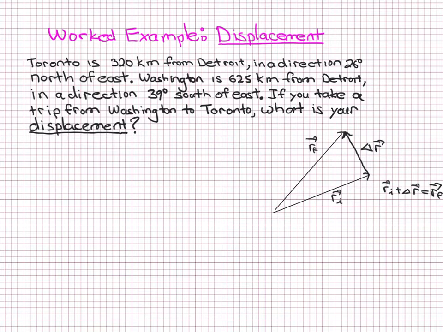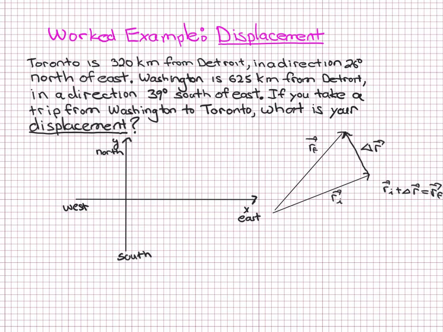Washington is 625 kilometers from Detroit in a direction 39 degrees south of east. And we want to know that if you take a trip from Washington to Detroit to Toronto, what is your displacement? So what we want to do here is to draw a picture to translate these words into some visual representation. So let's do that.